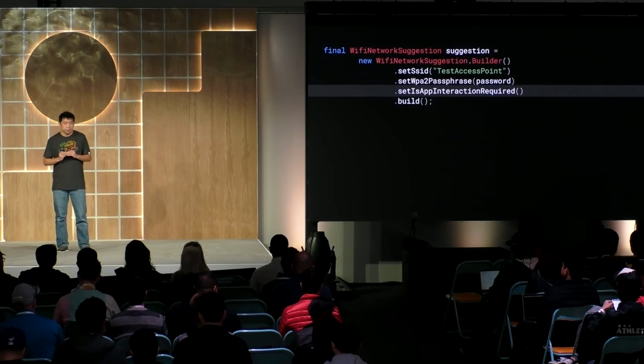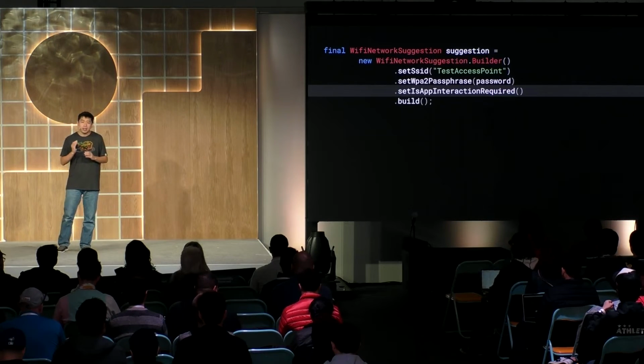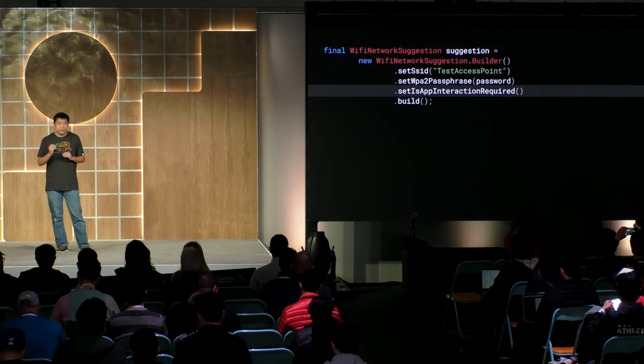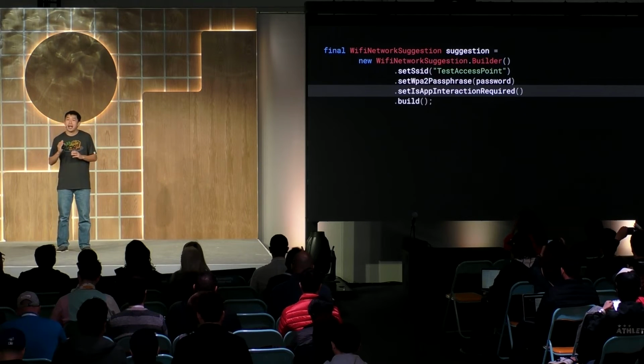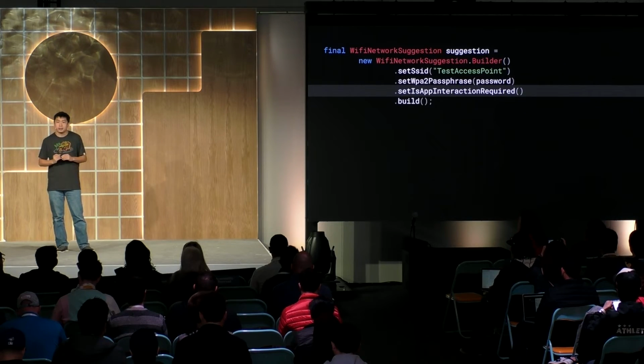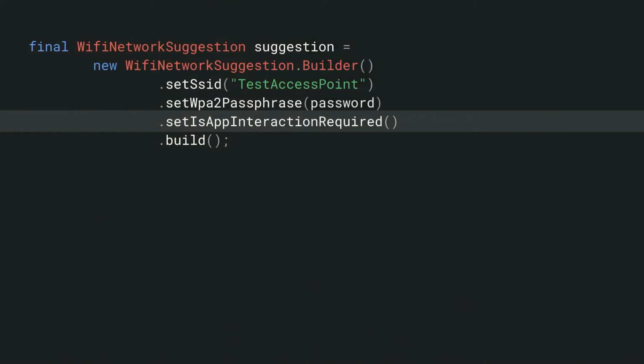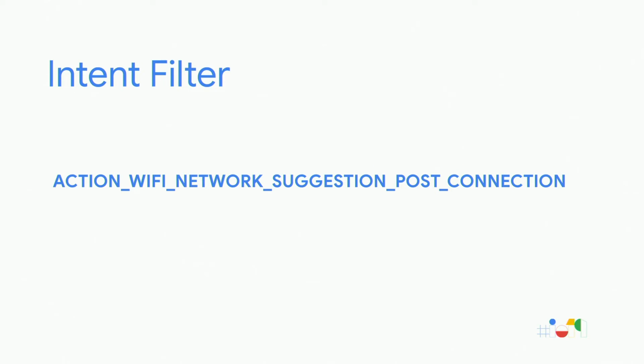Similar to the previous example, create a Wi-Fi network suggestion object with the SSID and the credential for the access point. The key here is to set is app interaction required, to indicate the application wants to be notified when the device has connected to the suggested network. Next, register a broadcast receiver to listen to the Wi-Fi network suggestion post-connection broadcast.